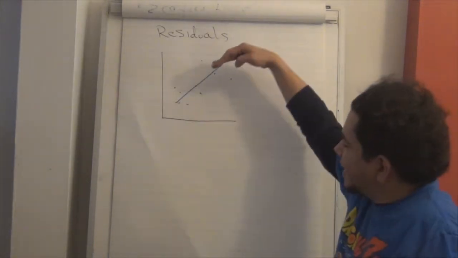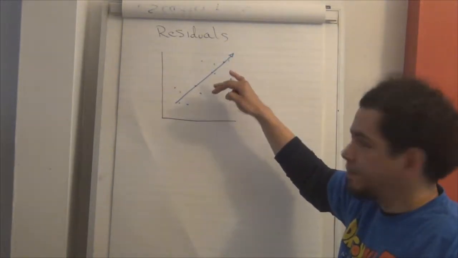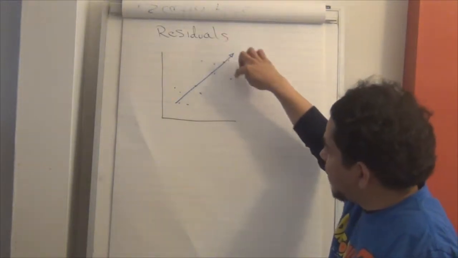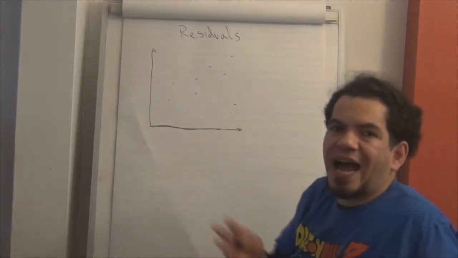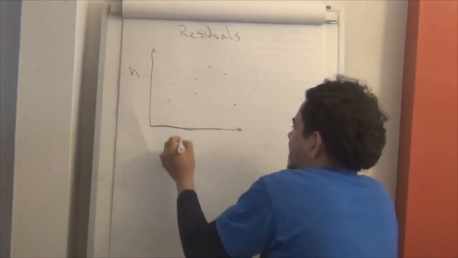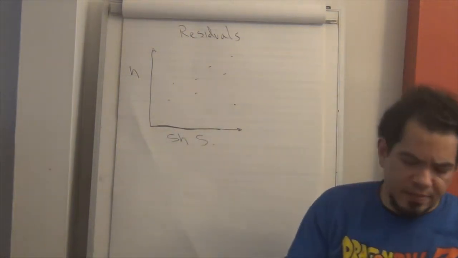But now, it created an approximation of what the value should be. This is a prediction line. These are the actual values. Let's say we're talking about height versus shoe size. This is going to be height and this is going to be shoe size. And this is going to be the line of best fit.